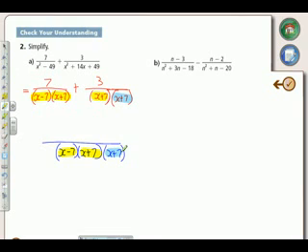There's my common denominator. 3 different factors. The first fraction gave me the 2 yellow ones, but I'm missing the blue one. So I'm going to multiply by the x plus 7 over the x plus 7. That's the blue. The second fraction is missing an x minus 7. So I'm going to have to multiply by the x minus 7.